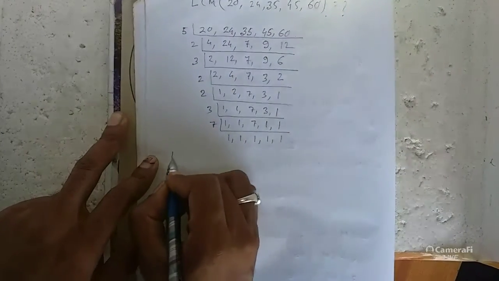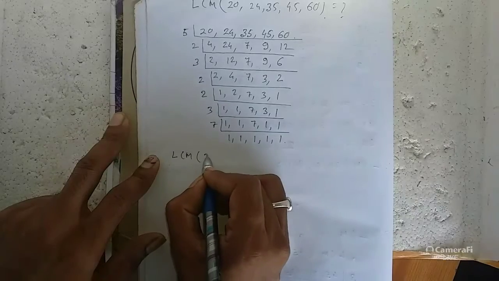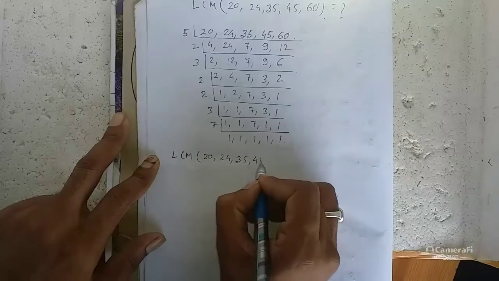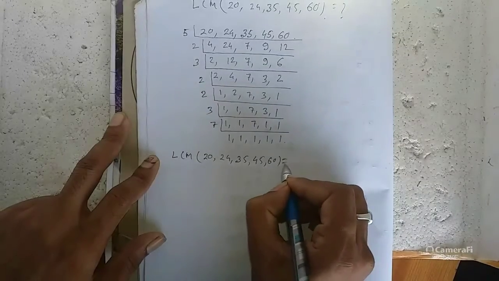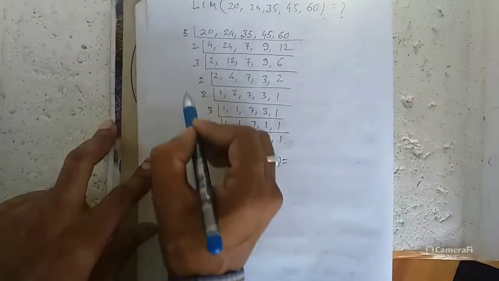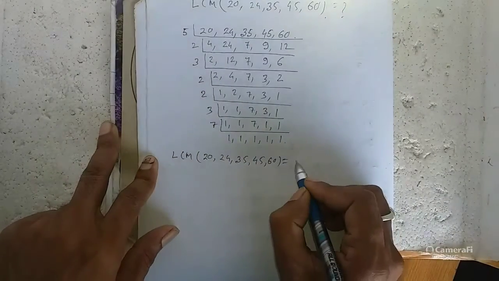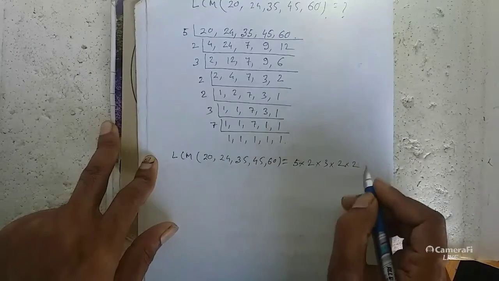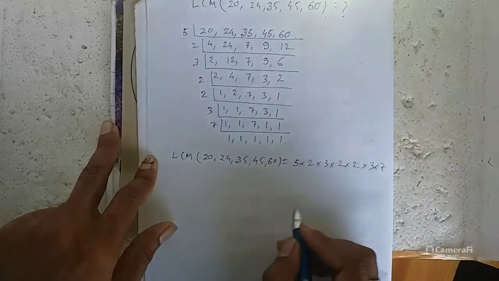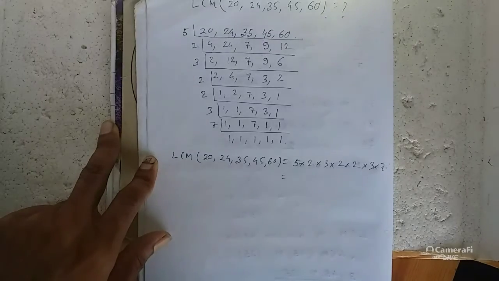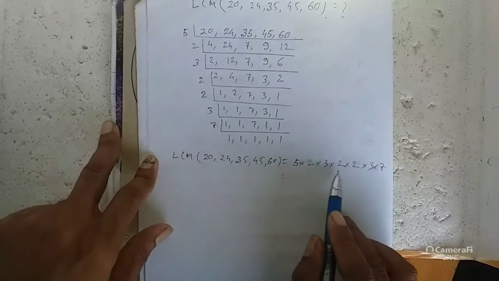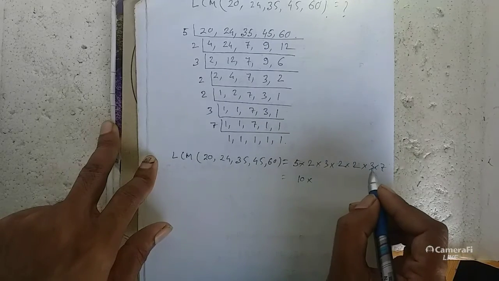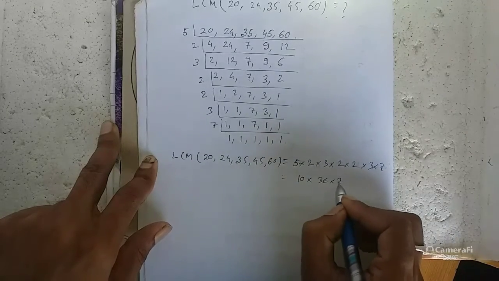Now we will write the LCM of these numbers 20, 24, 35, 45 and 60, equal to the product of all these numbers, that is 5 into 2 into 3 into 2 into 2 into 3 into 7. 5 twos are 10, into 3 twos are 6, 2 sixes are 12, 12 threes are 36, and 7.